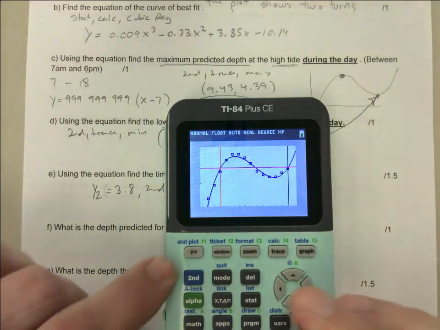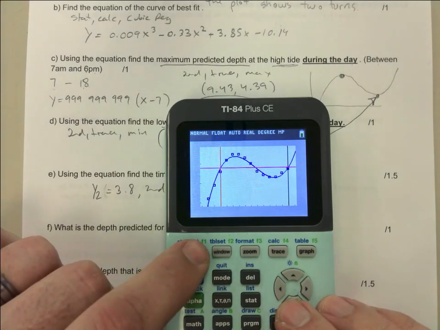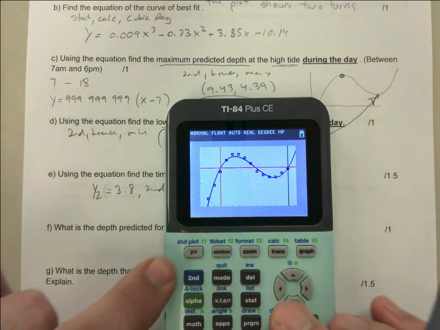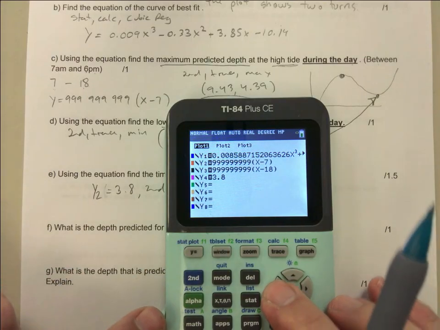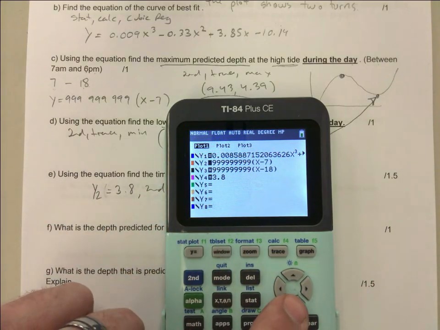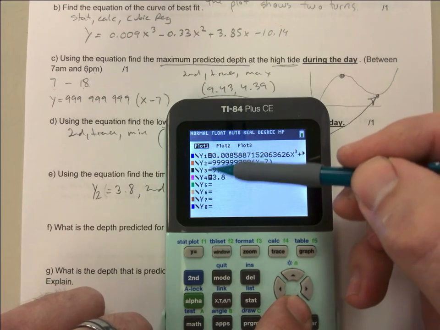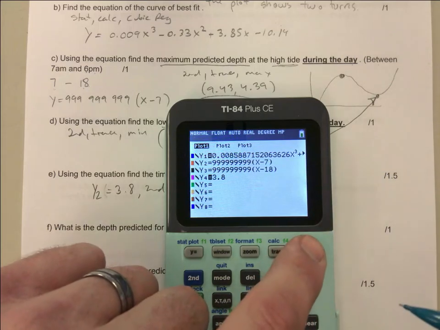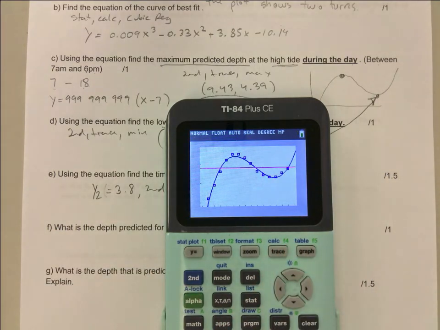For this, guys, if you do this, there's a lot going on here. I would turn these two vertical lines off. So enter, enter. You just got to make sure the equal sign is not highlighted. If you press graph, it will only graph the ones that are highlighted.